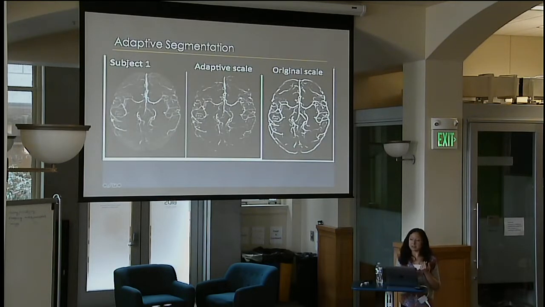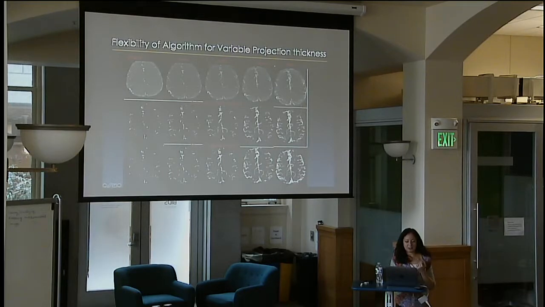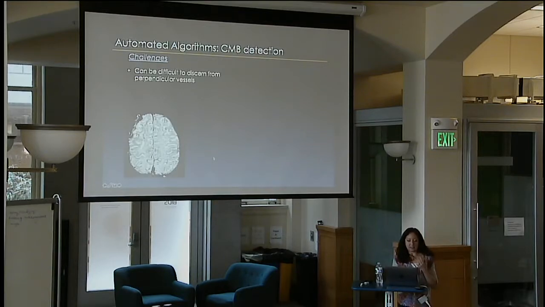And this is just a comparison. You still can't see the smaller vessels on this projection, but believe me, they're actually detected, whereas with the original single scale, they're not. It works for various projection thicknesses and compares well to manual segmentation.